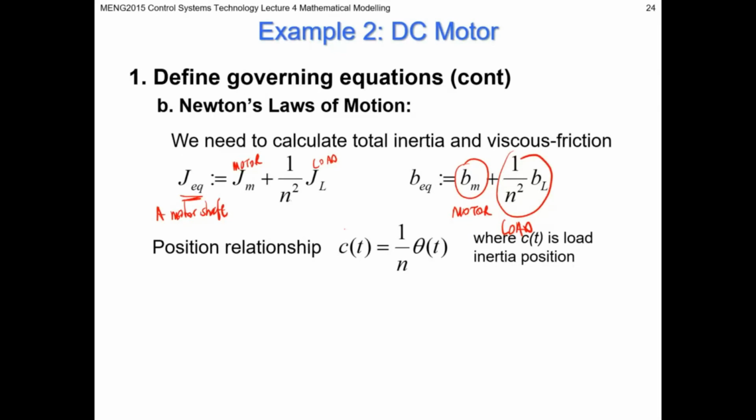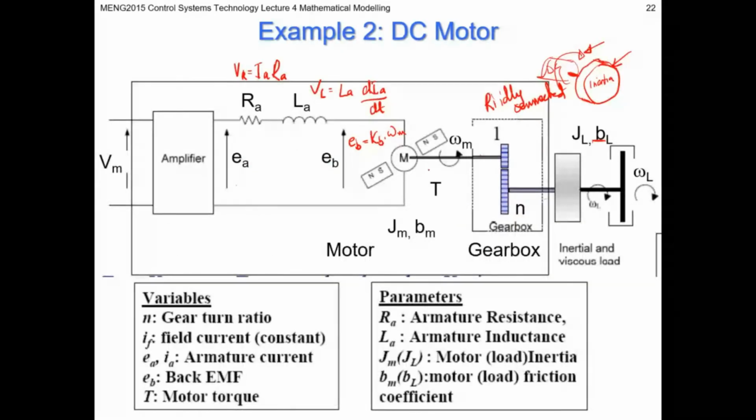To get the position relationship, if the motor is at a certain position in degrees, then a quarter rotation, a 90-degree rotation of the motor shaft, will result in not a 90-degree rotation, but 90 divided by n degrees of rotation at the load shaft, right?